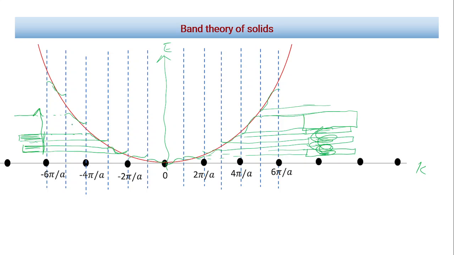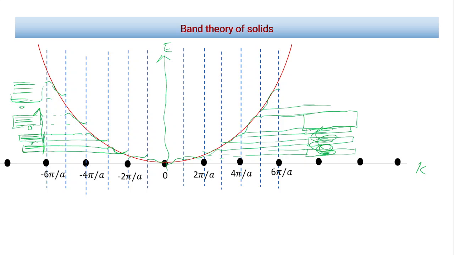Then here also all these are allowed energy values, and in between, the gap that we see is what we call the forbidden energy gap.